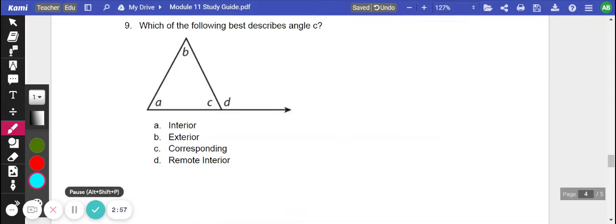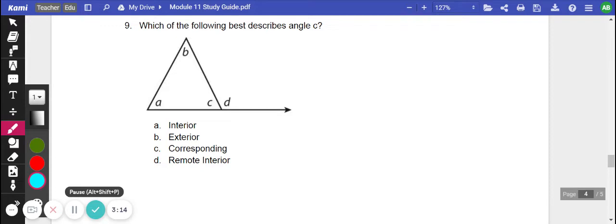Okay, which of the following best describes angle C? So is angle C an interior angle, an exterior angle, a corresponding angle, or a remote interior angle?